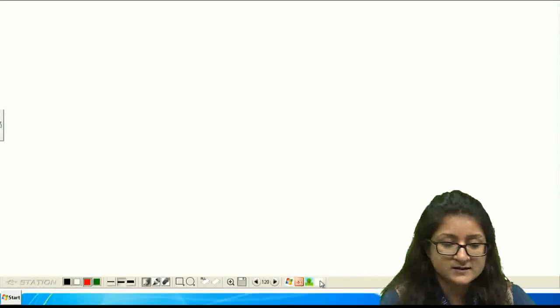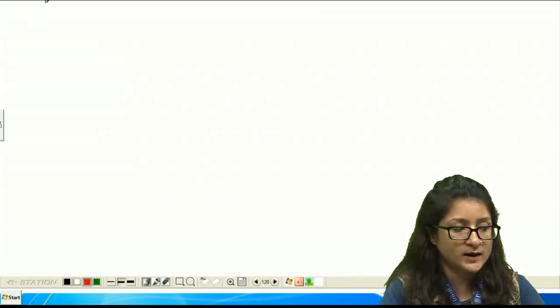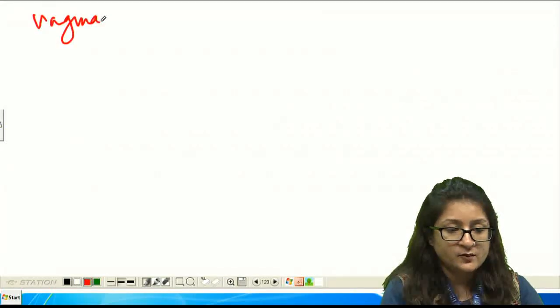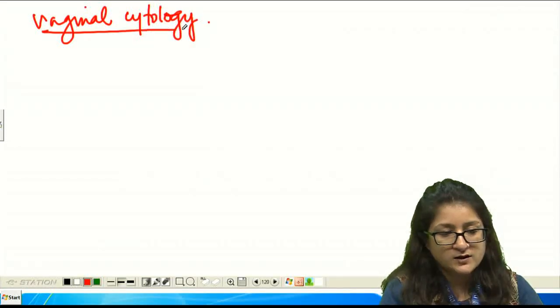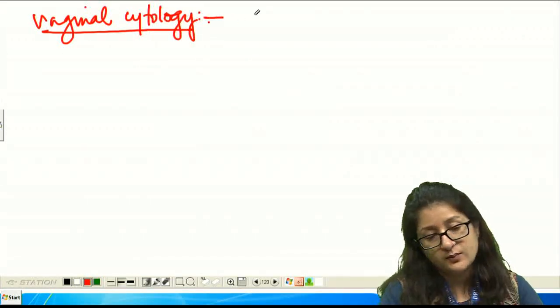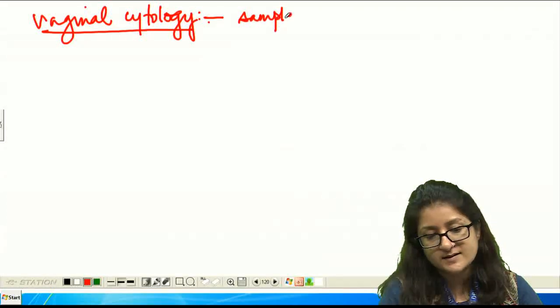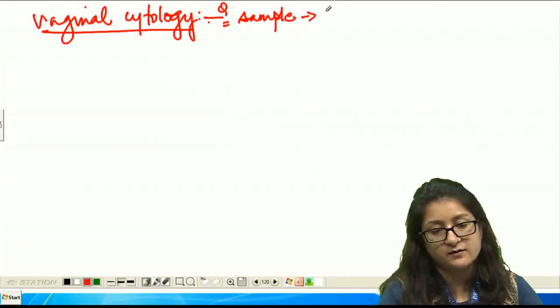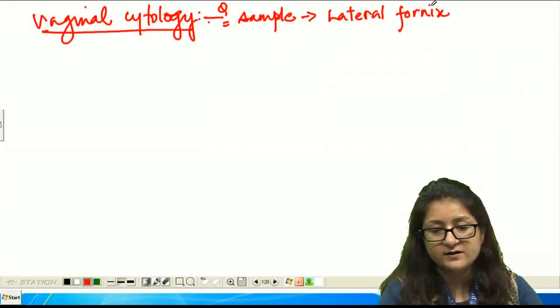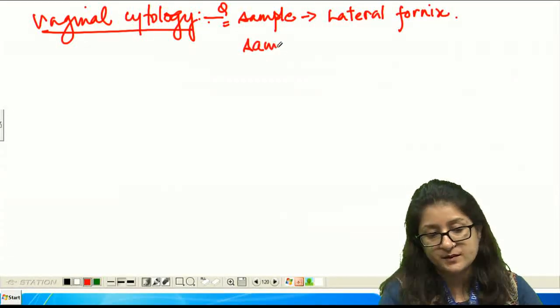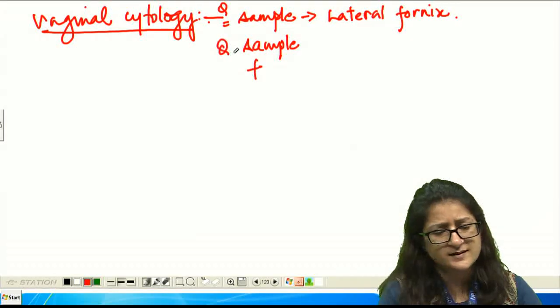So what we are looking at is something we call vaginal cytology. We are looking for vaginal cytological changes, and an important point to remember is that the sample is taken from the lateral fornix. Unlike when we take a sample for pap smear, these are questions that are asked.